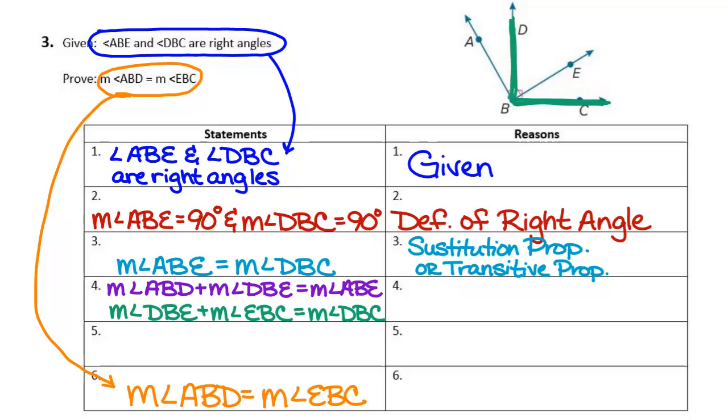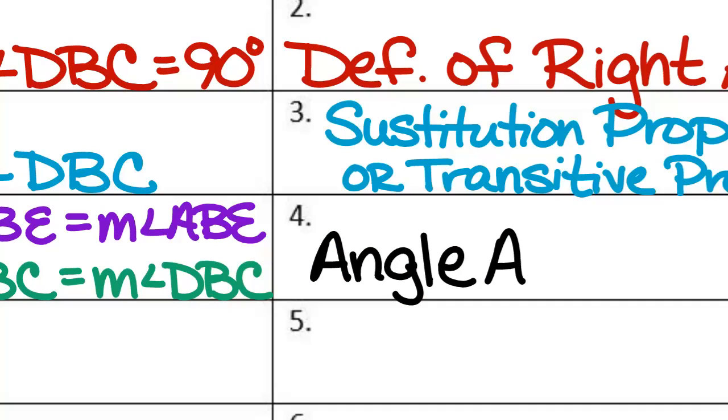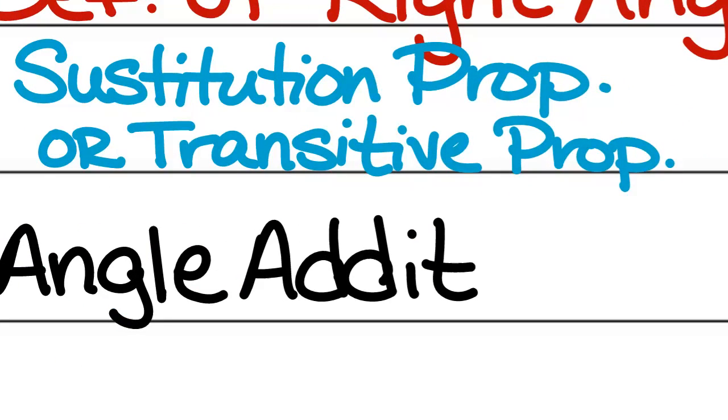What would allow me to take two smaller angles, add them together, and say that those measurements added together gives me the measurement of a third larger angle? The angle addition postulate, yes. Let me write it down and then I'll re-explain.